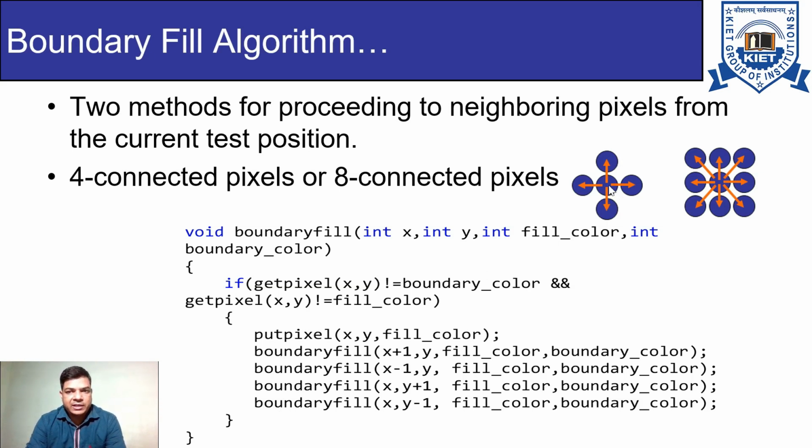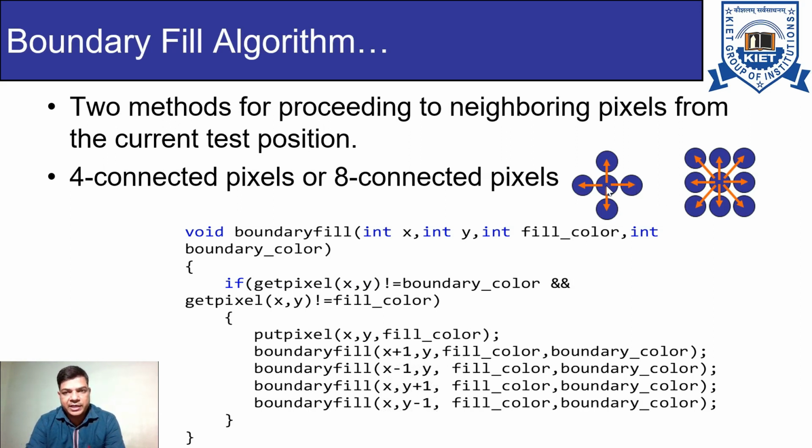So you can see that if the coordinate of this point is x, y, then the coordinates of the other points will be x plus 1, y; x minus 1, y; x, y plus 1; and x, y minus 1.